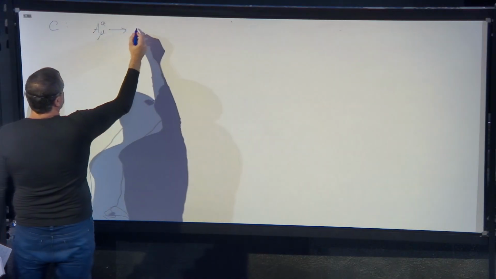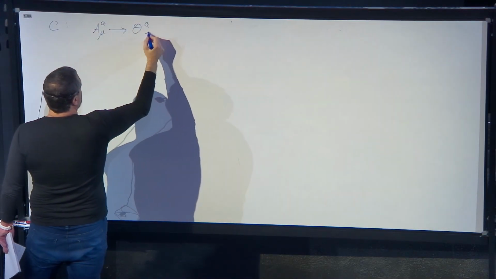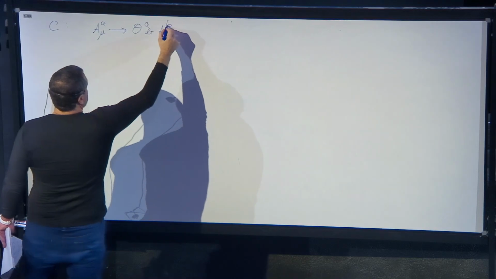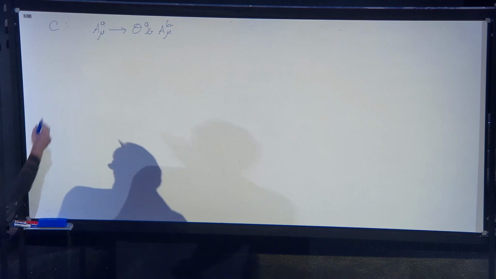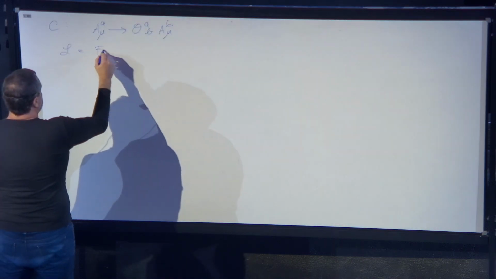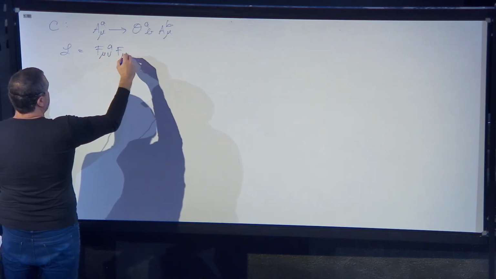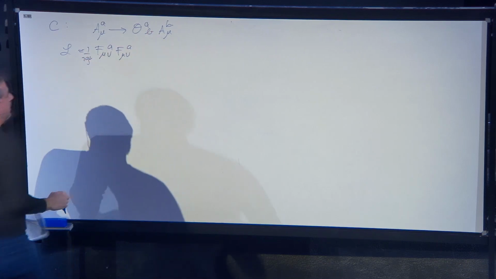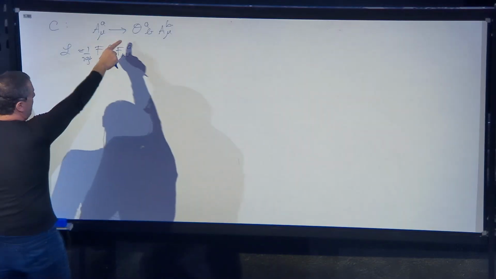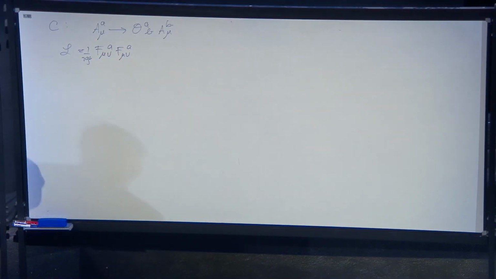I'm doing a transformation that acts on the gauge field in this way, and I'm asking whether it leaves the Lagrangian, F_{mu nu}^A F^{mu nu A}, invariant, where A is the adjoint index of the Lie algebra. When does this transformation leave the Lagrangian invariant?